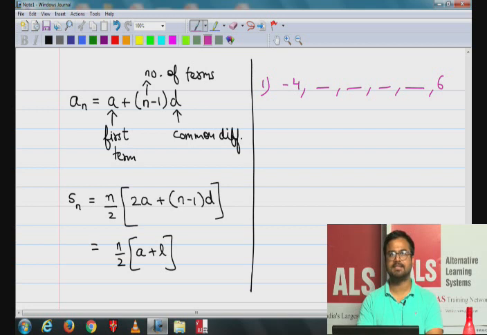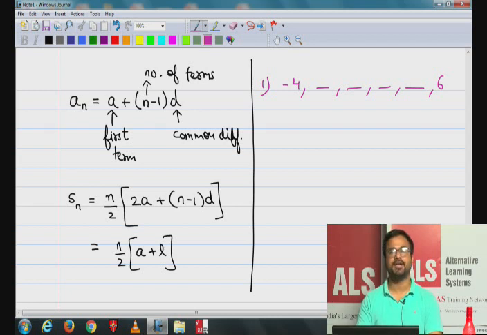Yes, Koima, the common difference is correct. Now just figure out the terms. Shillong, Itanagar, quickly tell me the answers.